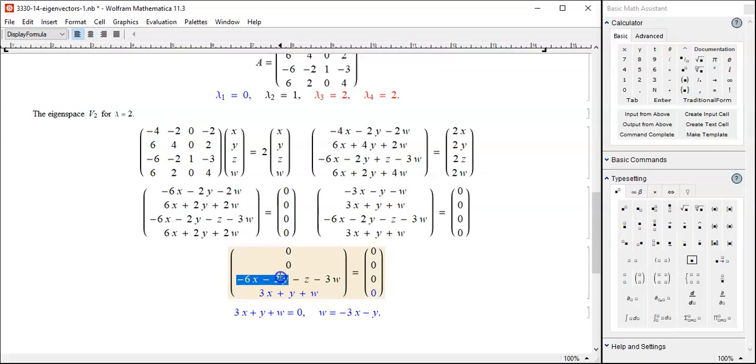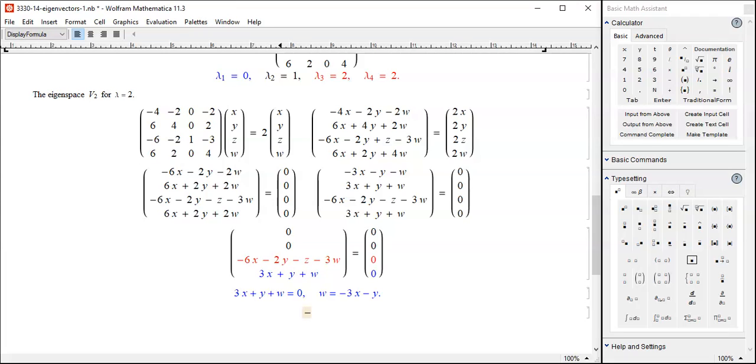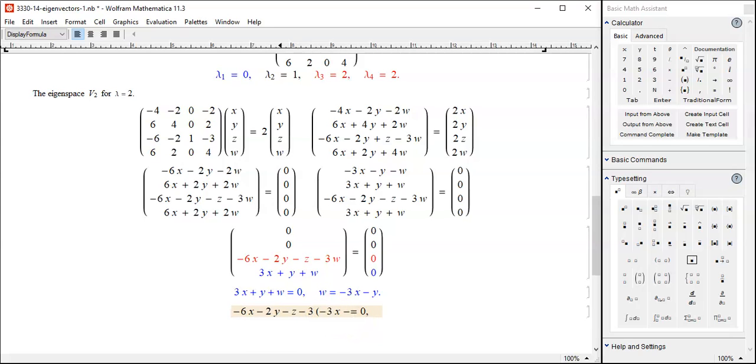So okay, let's put it into the third equation. Negative 6x minus 2y minus z minus 3w equals 0. And I'm plugging in here negative 3x minus y. Does it look okay?